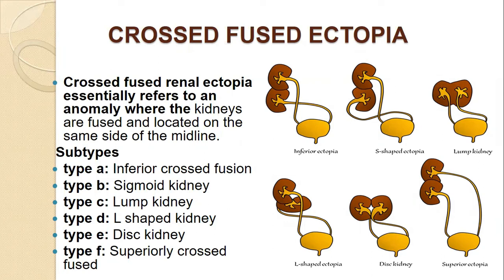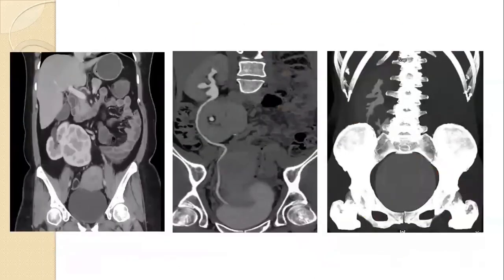Type C is a lump kidney. Type D is L-shaped, and E is a disc, circular. And F is superiorly cross-fused ectopia. These are the CT images.